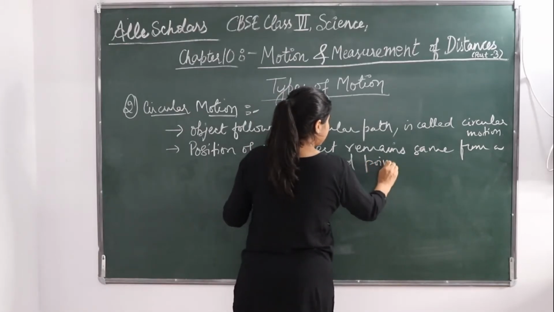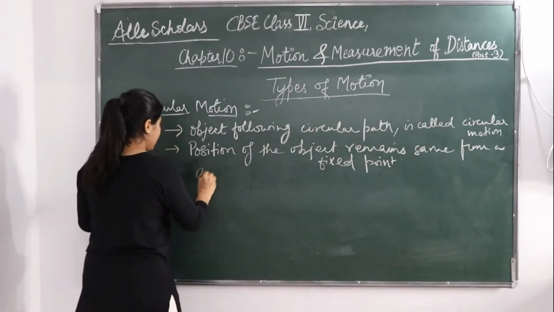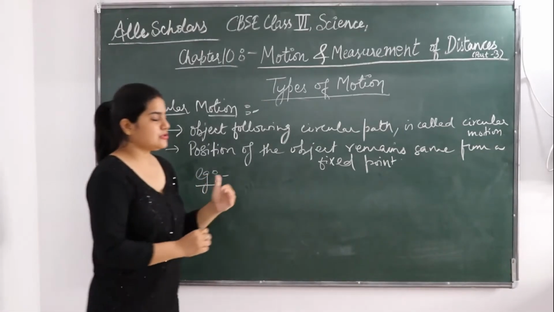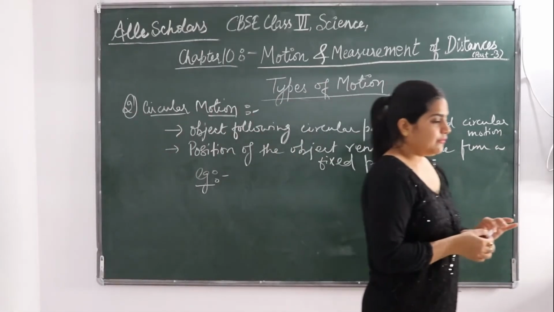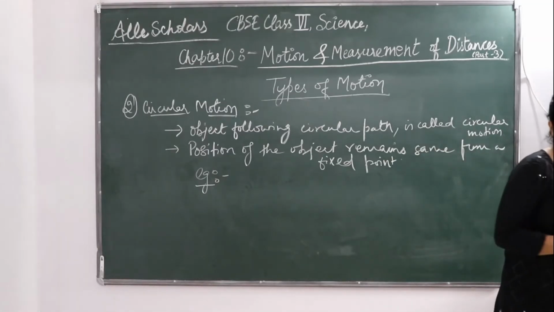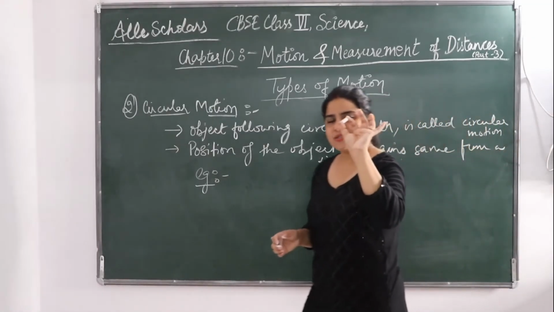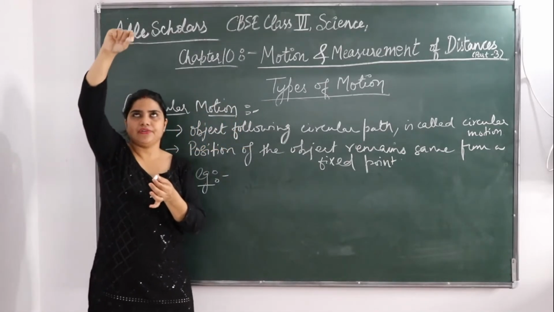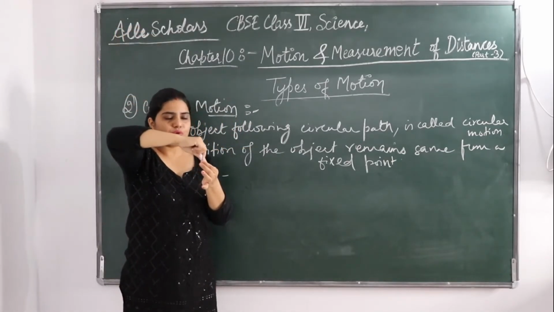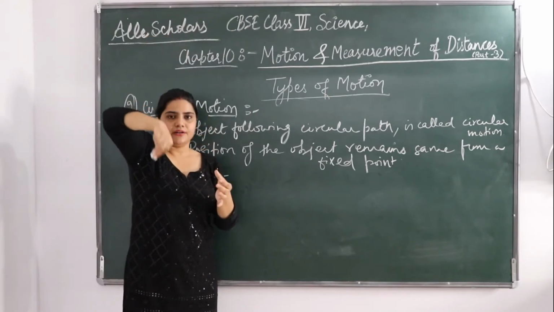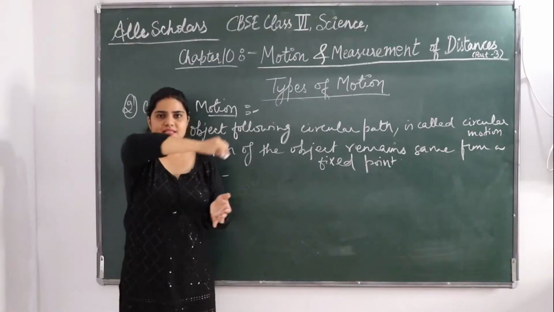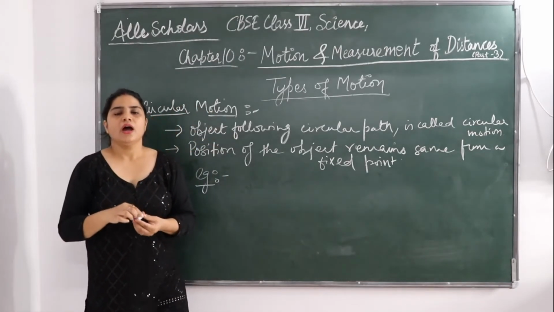Okay, some examples we are going to see about circular motion. If we talk about examples of circular motion, one very good example is this: suppose this is a stone, you tie this stone in a thread, in a string, and you rotate it. When you rotate it like this, it is going to move like this in a circular motion.